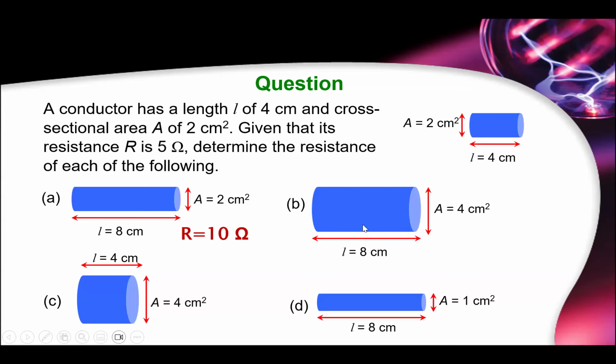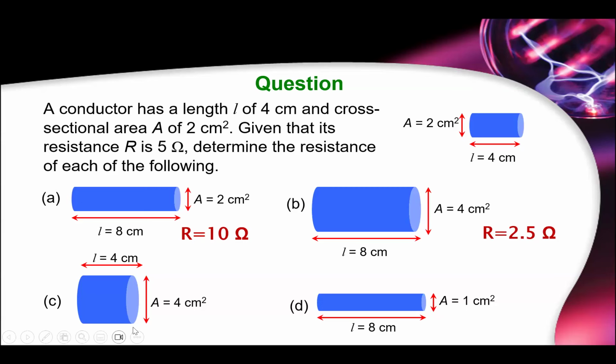The resistance drops, and it drops by 2 times again. So initially, because of this length, 8 cm, I'm 10 ohms, but now I decrease by half because of the bigger cross-sectional area. So my resistance dropped by half, so I am actually back to 5 ohms. Oh, I'm sorry, this answer is wrong. It should be 5 ohms.